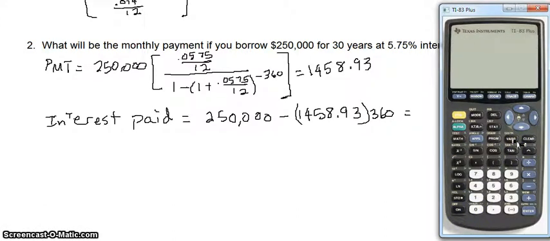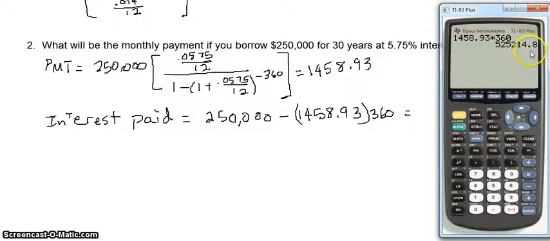So if we do $1458.93 multiplied by 360 payments, that means over a 30-year period, we've paid in $525,000 and then some.